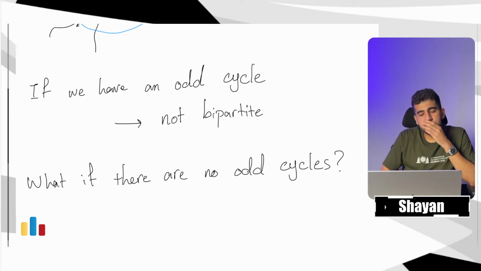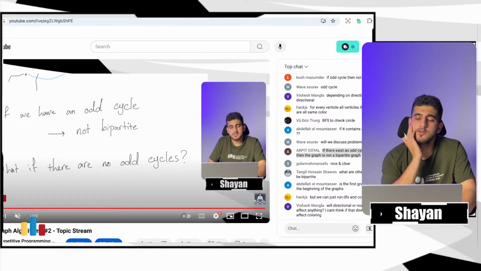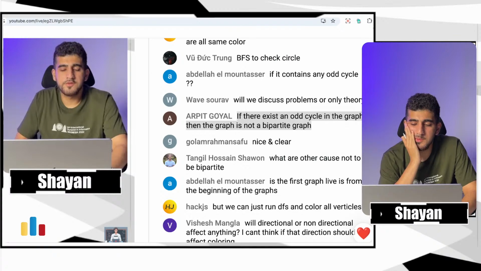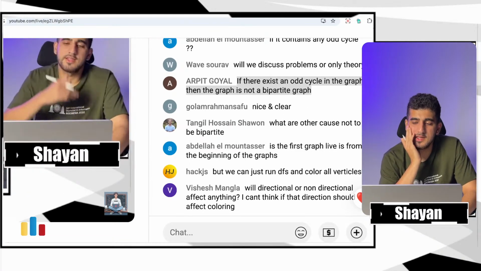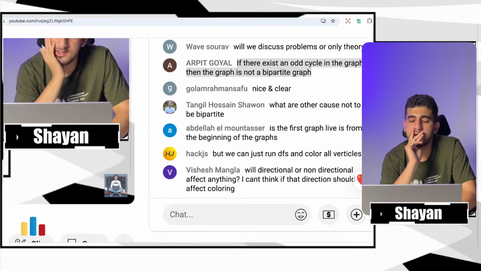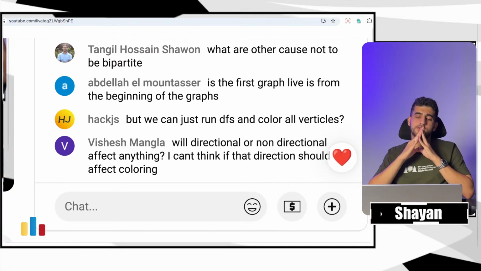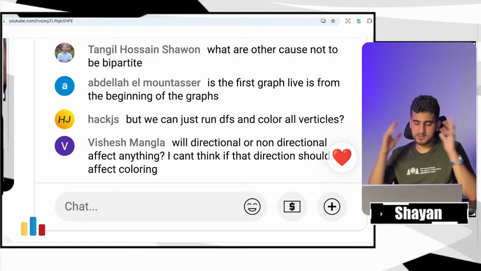Well, I want to show that. What do you guess? So far, what is your intuition? Do you think that if there are no odd cycles, the graph is going to be bipartite or not? There still are other cases that the graph will not be bipartite. So assume that there are no odd cycles.